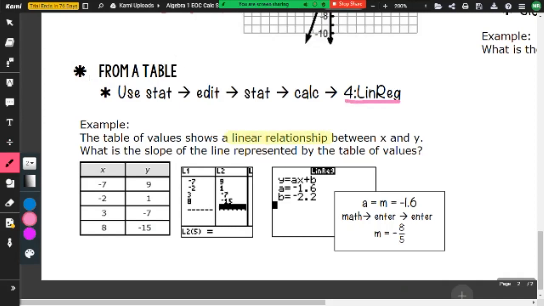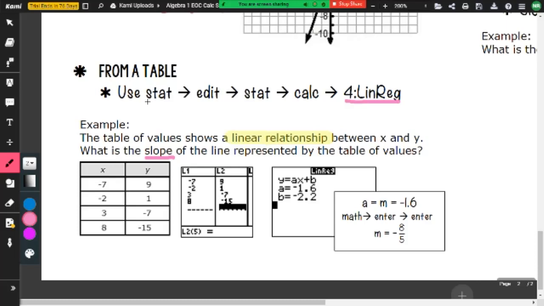It asks, what is the slope of the line? There's another clue: anything that's asking for slope is only associated with linear relationships. You can only get a slope with a straight line. You cannot get the slope of a parabola. You cannot get the slope of an exponential function.